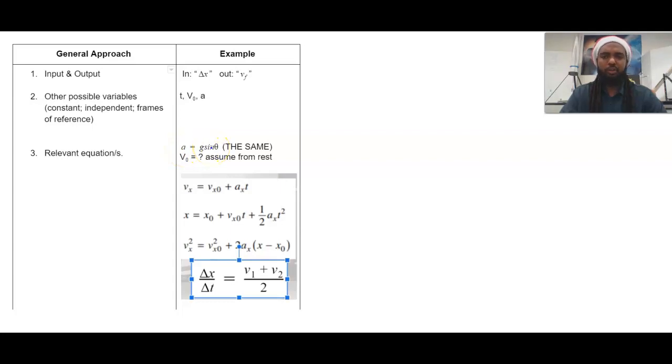And we'll prove in Unit 2 dynamics how this would be g sine theta for a ramp without friction. The initial velocity, let's assume it was from rest. What about time? Well, if we have more distance, we're not sure about time, so ideally I would say we should leave it out. So let's look for an equation that has VO, A, X, and VF.